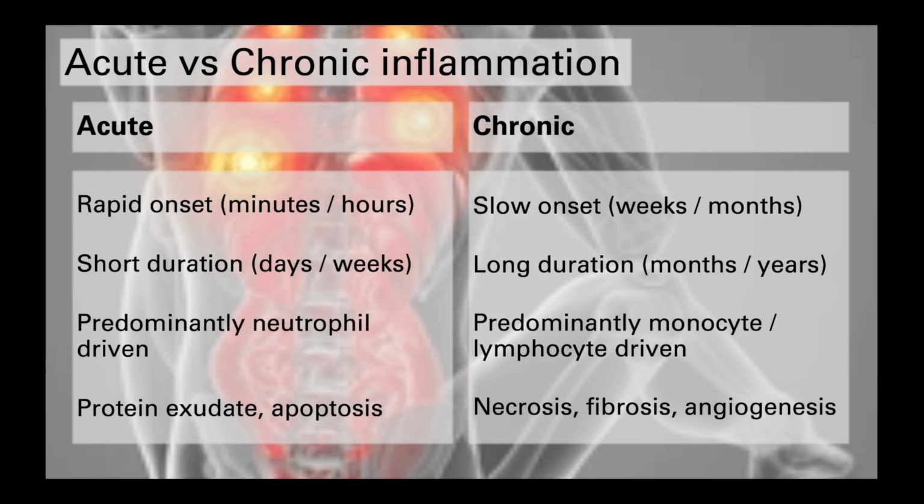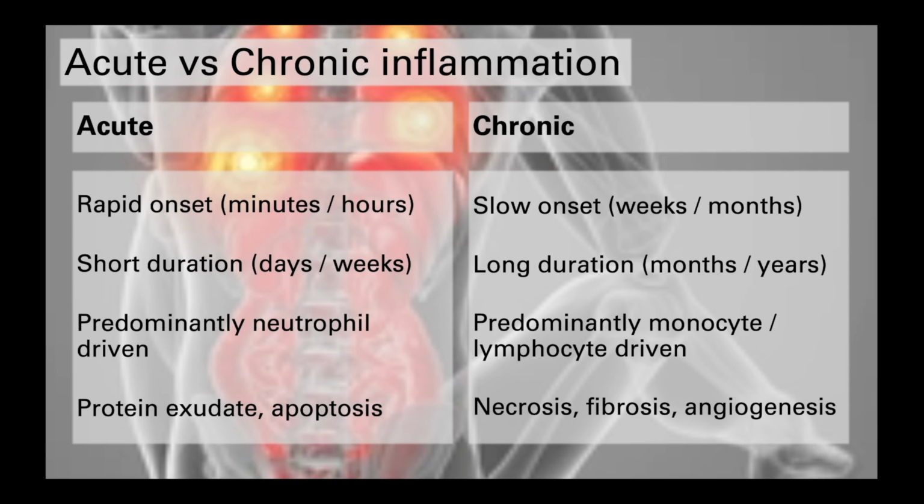If we compare and contrast acute and chronic inflammation, we can see distinct differences, ranging from the speed of onset to the duration of action, the types of cells that are involved, and the potential outcomes. So the 2 processes, although they start from the same place, ultimately result in hugely different outcomes.